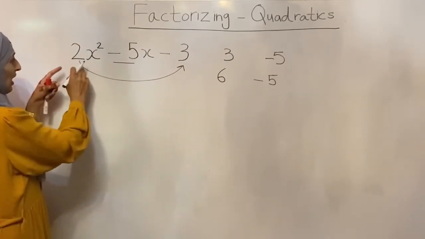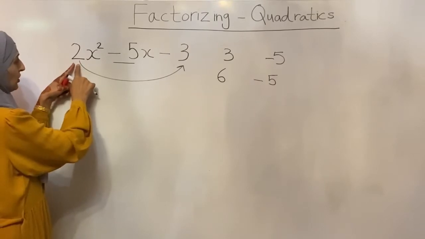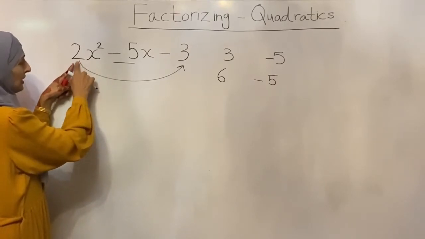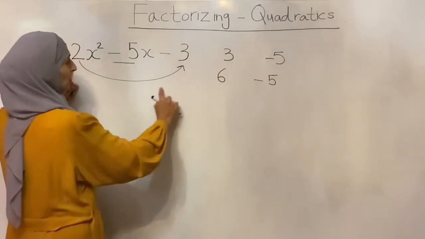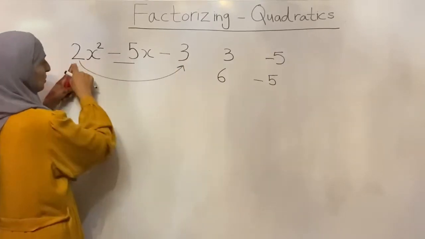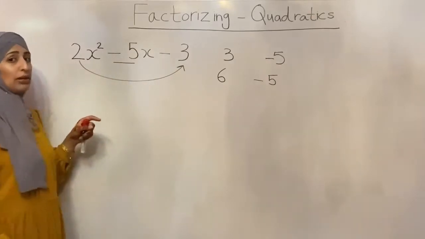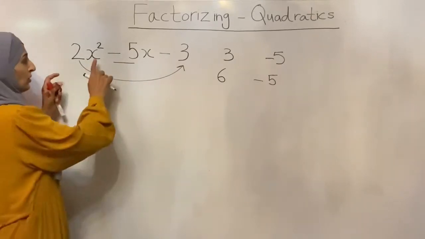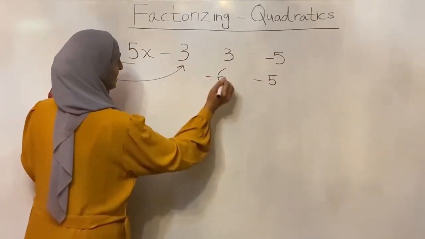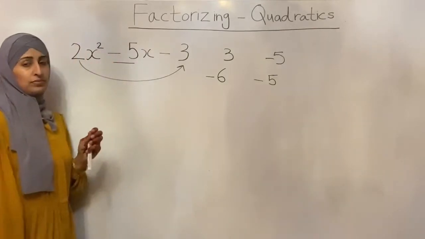So when we have a constant at the start of the equation for the first term, we multiply the first constant with the last term constant. 3 times 2 is 6, but there is a minus sign as well. That is very important. So now we've got minus 6 and minus 5.